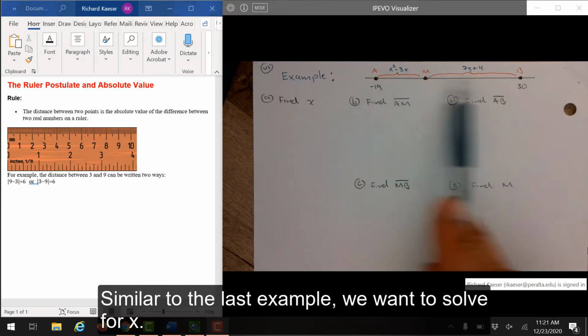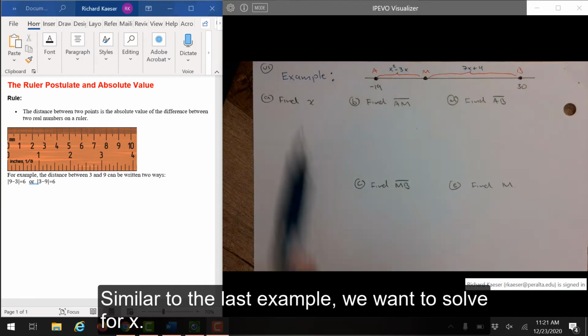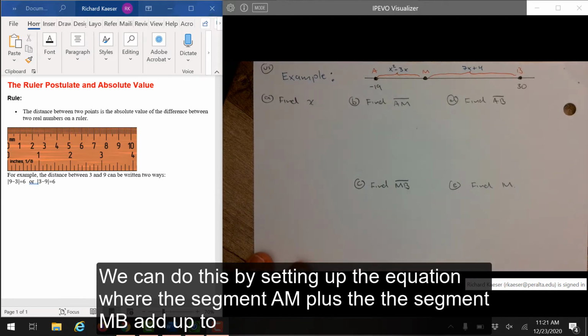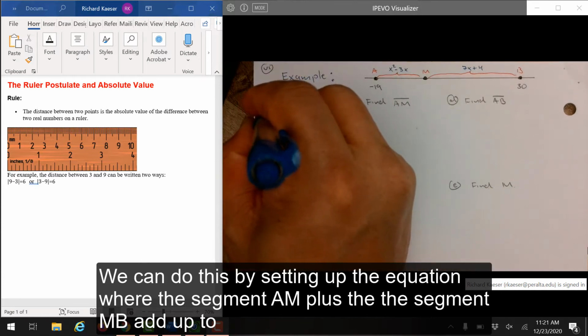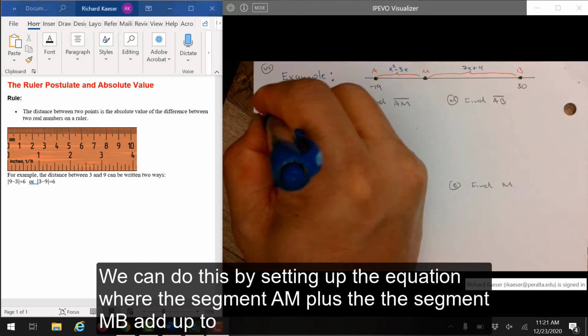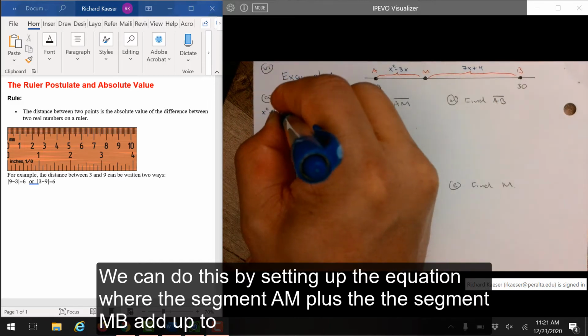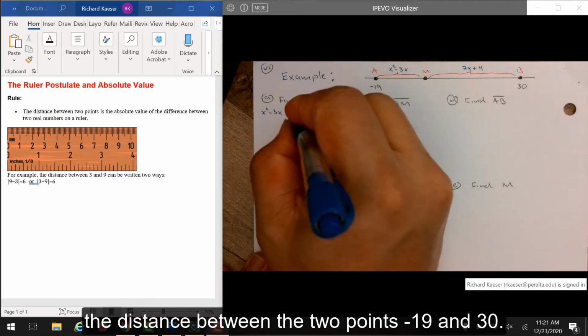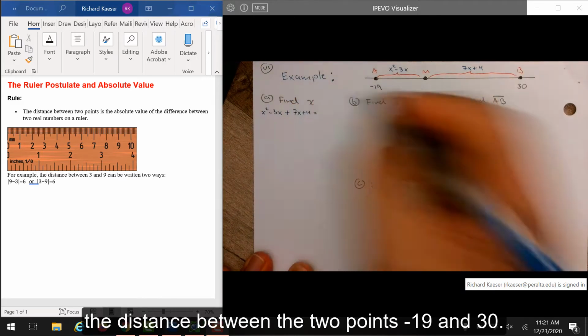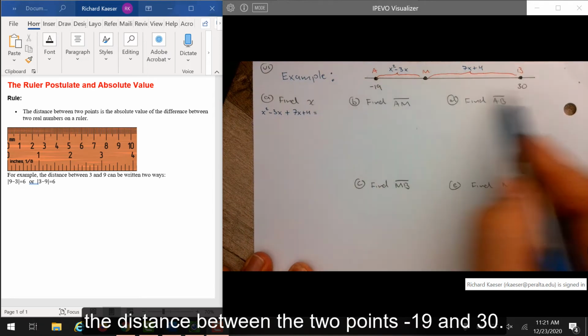Similar to the last example, we want to solve for x. We can do this by setting up the equation where the segment AM plus the segment MB add up to the distance between the 2 points, negative 19 and 30.